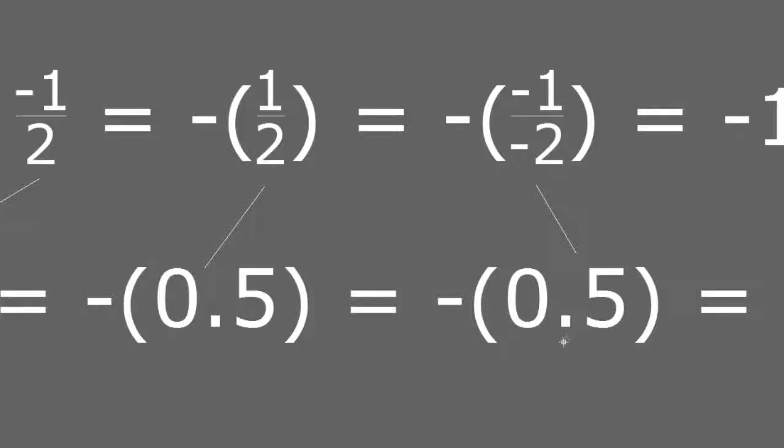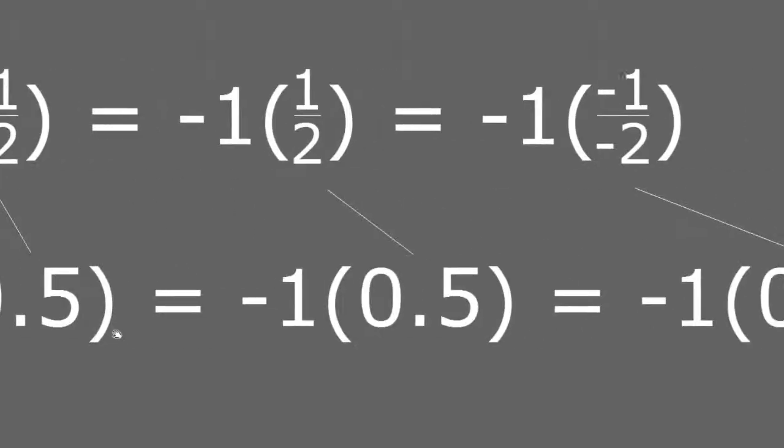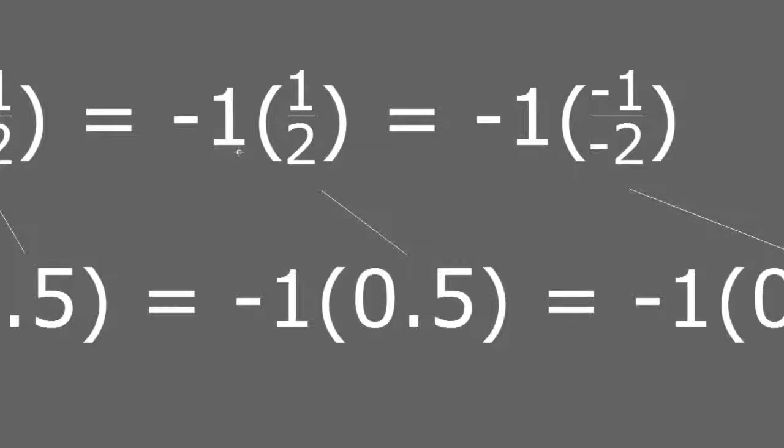And the multiplication of negative 1 is exactly the same thing as just having a negative sign outside of the parenthesis. Remember, everything multiplied by negative 1 changes its sign, changes from positive to negative or vice versa, from negative to positive.